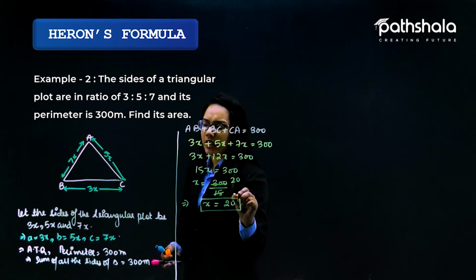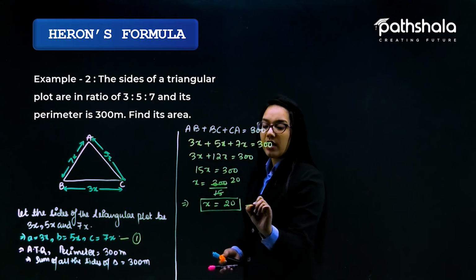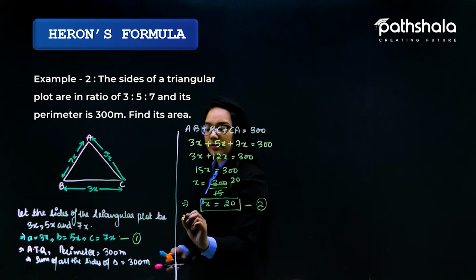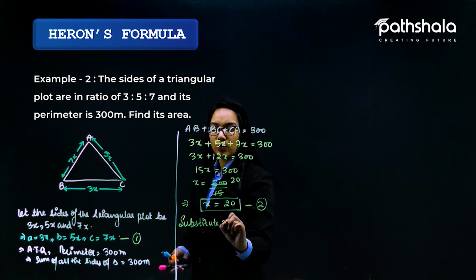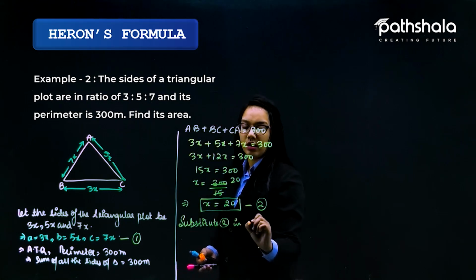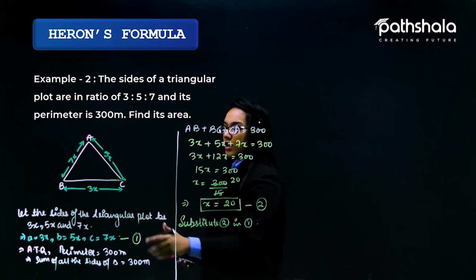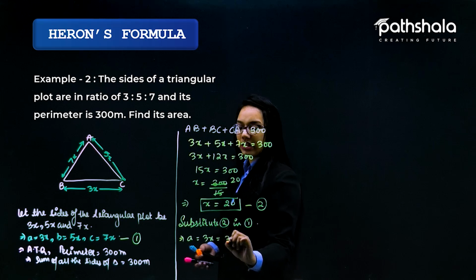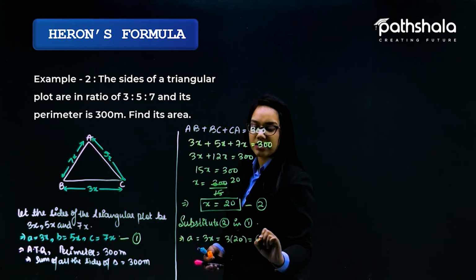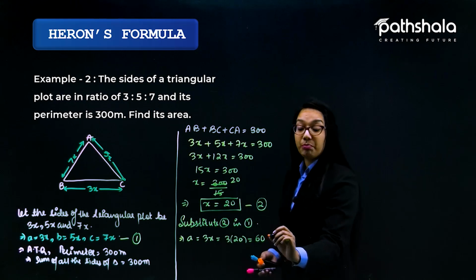Let's plug these values into equation 1. Substituting 2 in 1, A is 3x, which is 3 into 20, so 60 meters.